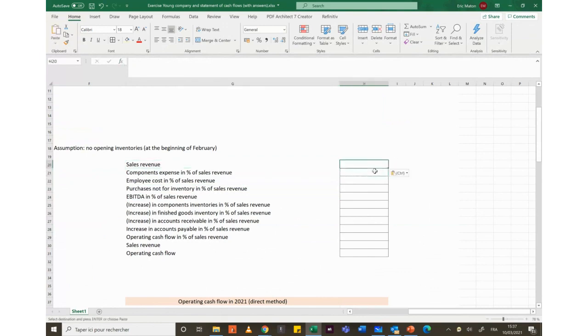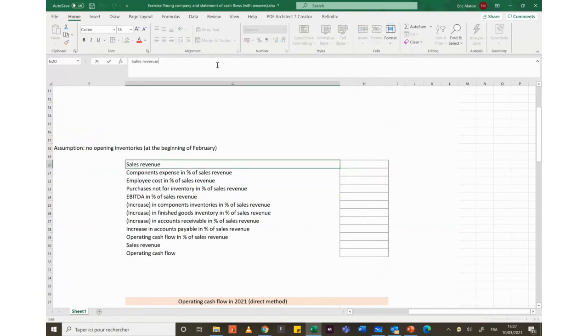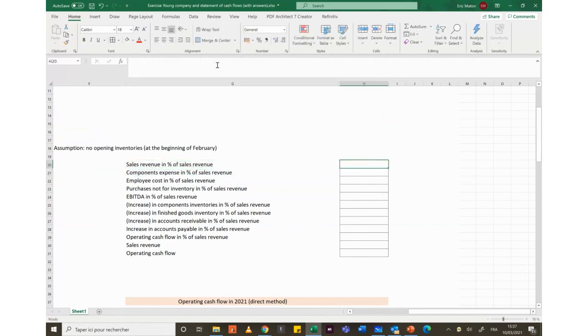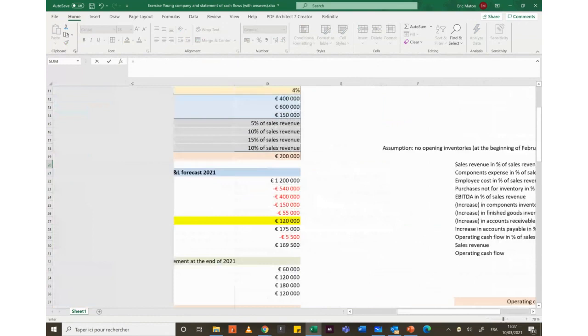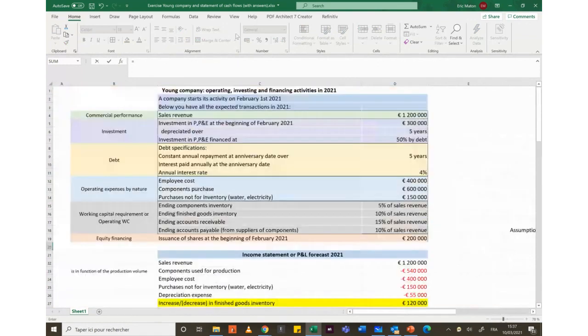So the sales revenue in percentage of sales revenue. So we start with 100%. So we start with this one divided by this one.